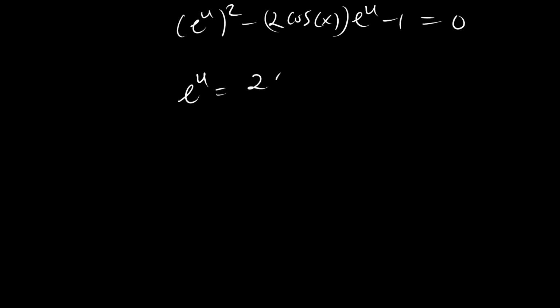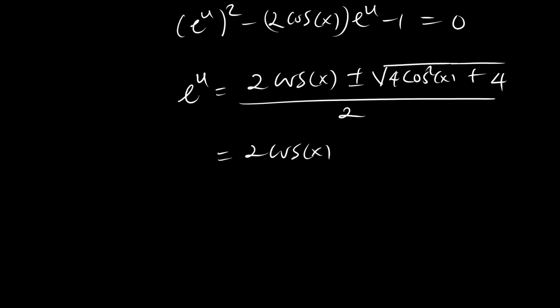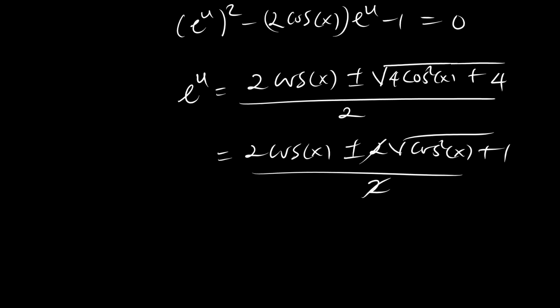it means that e to the u is equal to 2 cosine of x, plus or minus, using the quadratic formula, the square root of 4 cosine squared x plus 4, all over 2. Pull the 4 out, we have 2 times the square root of cosine squared x plus 1 divided by 2, which cancels.